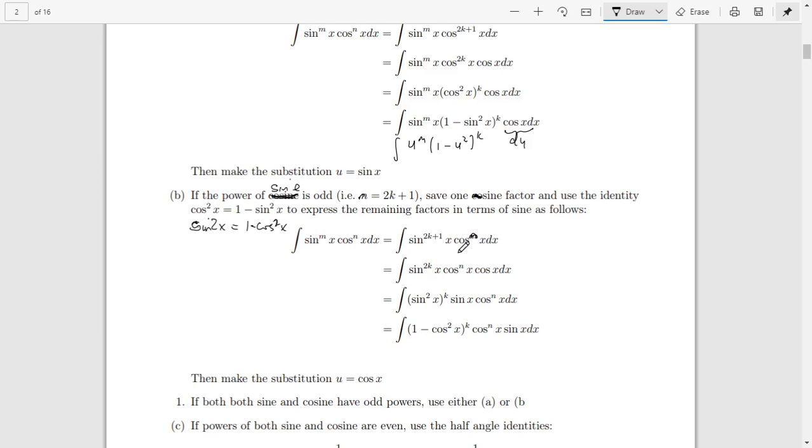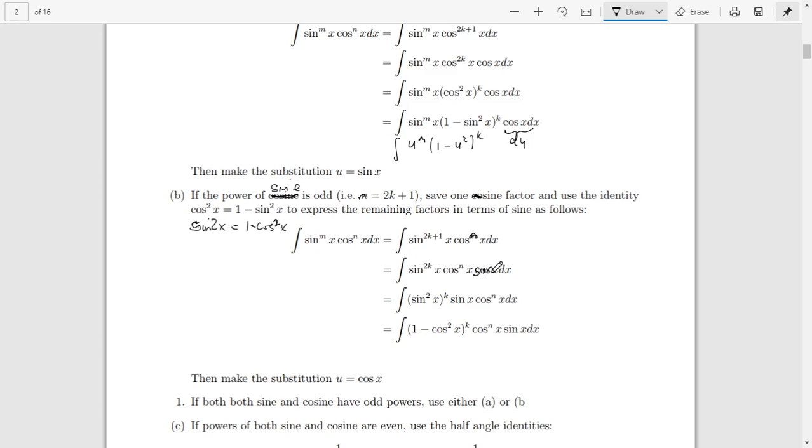So that is what was done here. Our m was odd. In that case, we could write it as 2k plus 1 instead of m. At this point, we factor out one power of sine.